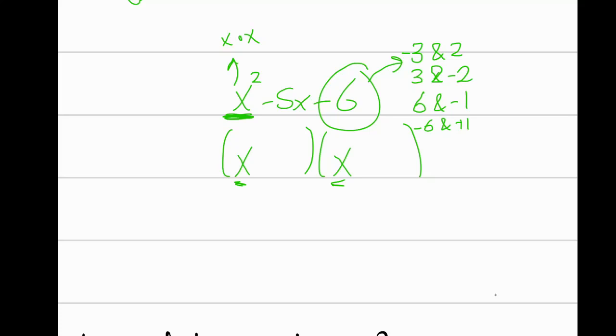So now, we only have a 1 in front of each of these, so we don't need to worry about multiplying any numbers times these. We just need to figure out which of these numbers add to give minus 5. If you look at this pair, minus 6 plus 1 gives us minus 5. So that gives us our answer.